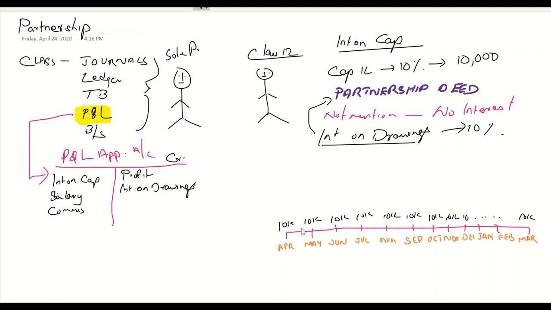So for 12 months, the total will be 1,20,000, 10,000 into 12 months. Now, suppose he is withdrawing this amount at the beginning of every month.